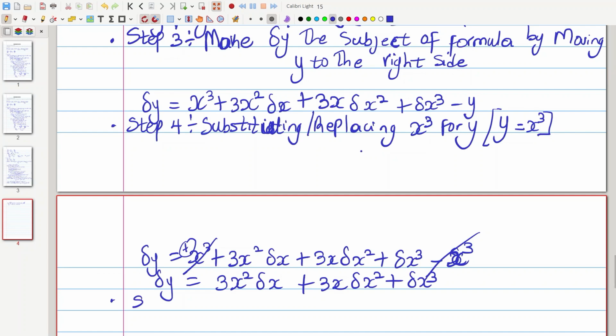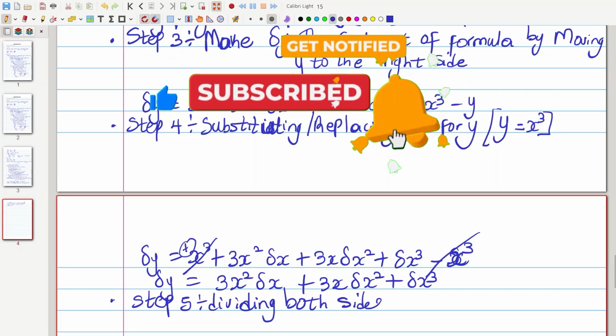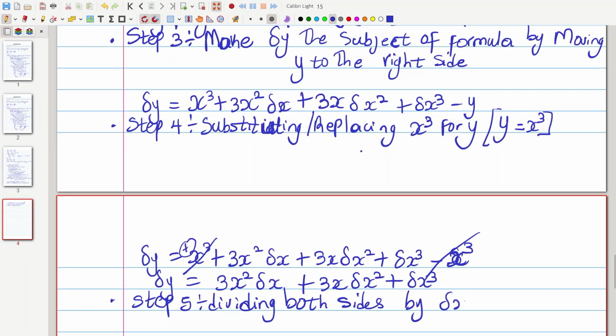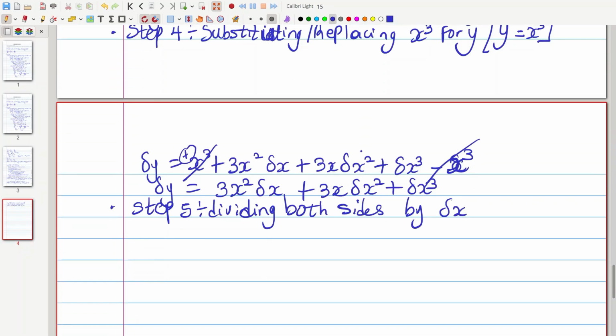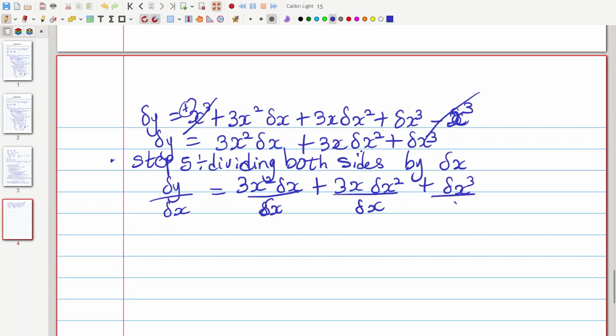So now step 5 would be dividing both sides by delta x. So this would be, so this will cancel this to turn to 2.